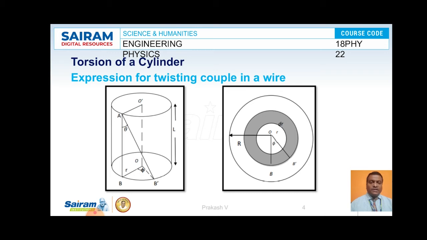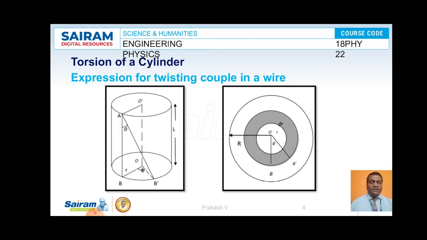We can imagine the cylindrical rod to be made of thin concentric hollow cylindrical layers, each of thickness dr. If the rod is twisted at its lower end, the concentric layers slide one over the other. This movement is zero at the fixed end, and gradually increases along the downward direction.